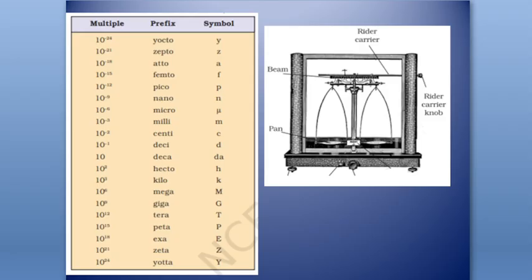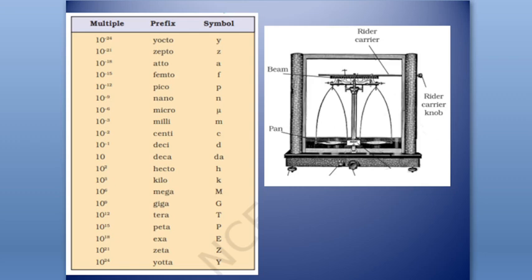Here the multiples with symbols are given in this table. 10 is called deca, and if we move upward with 10 to the power minus 1, minus 2, minus 3, minus 6, minus 9, minus 12, minus 15, minus 18, minus 21, minus 24, then it will be from deca to deci, centi, milli, micro, nano, pico, femto, atto, zepto, yocto.